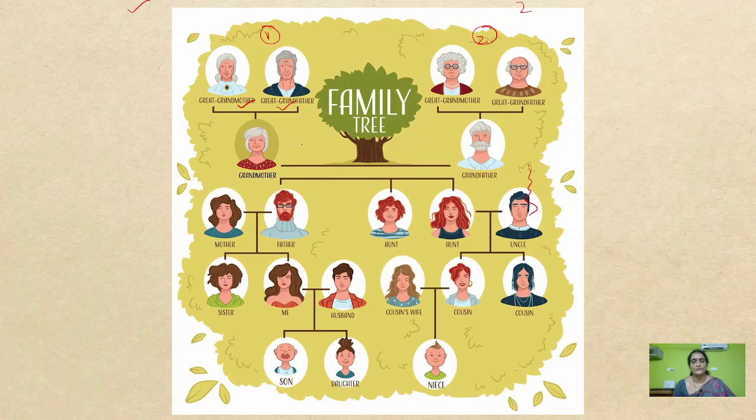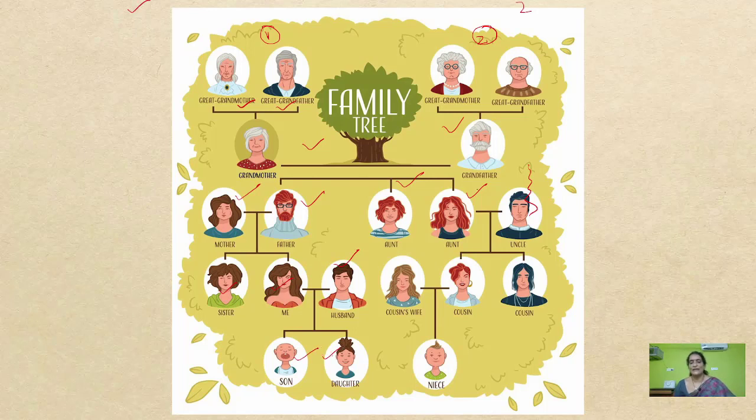These are parents of grandmother and these are parents of grandfather. The grandmother and grandfather have given birth to your father, one aunt and the other aunt. Father got married to mother and here you and your sister are born. You got married to your husband and these are your children.